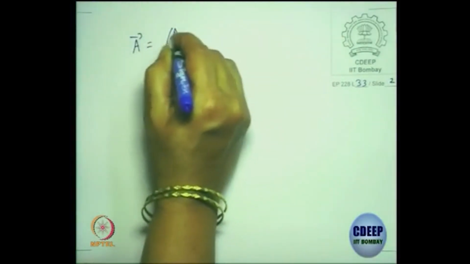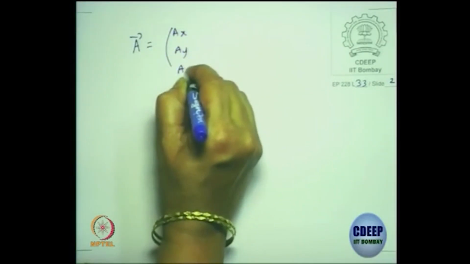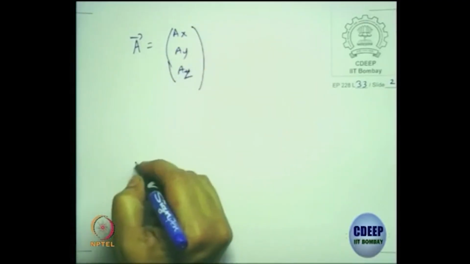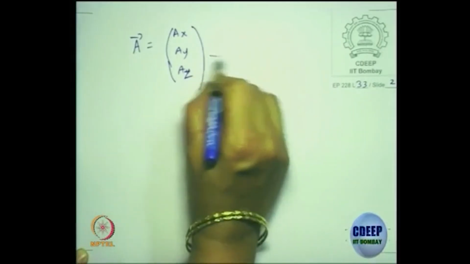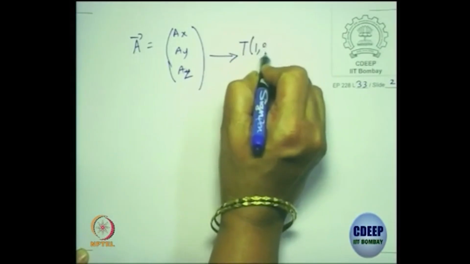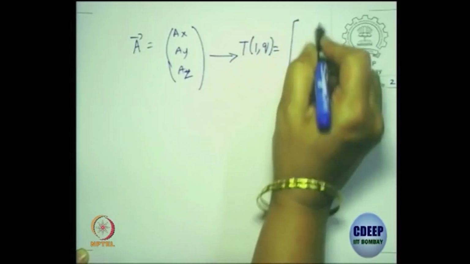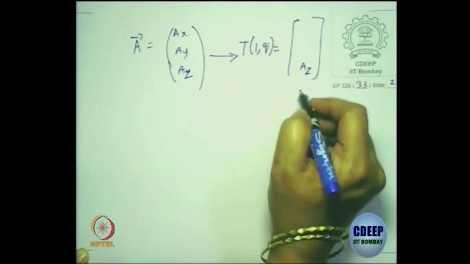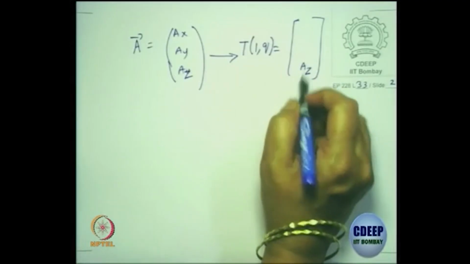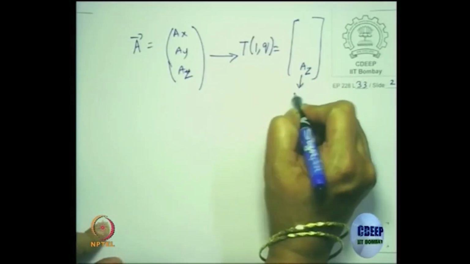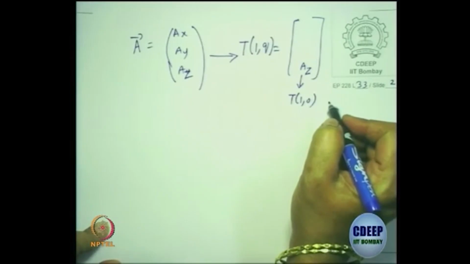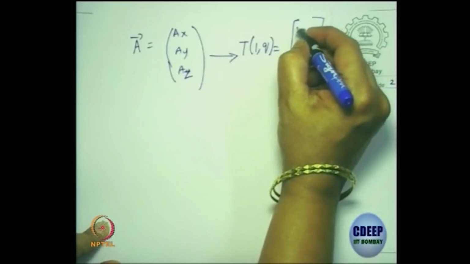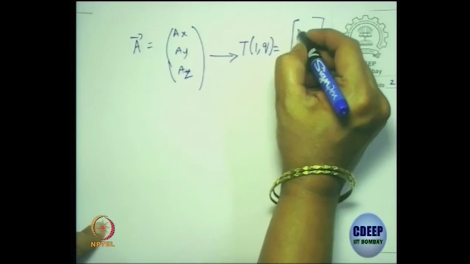You can write a vector as Ax, Ay, Az. You can also write this as a tensor of rank 1, q, with Az belonging to T of 1 comma 0, and the others plus or minus.